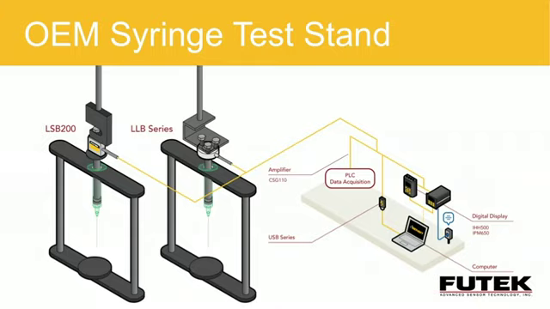So whether I use the LSB 200 or whether I use an LLB series, it just simply shows you we have flexibility in our form factor to accommodate the client. In both cases, we're capturing the data with our USB solution. We could also offer other instrumentation packages to do this, taking this into a laptop computer and utilizing the Sensit software for data collection and data presentation.